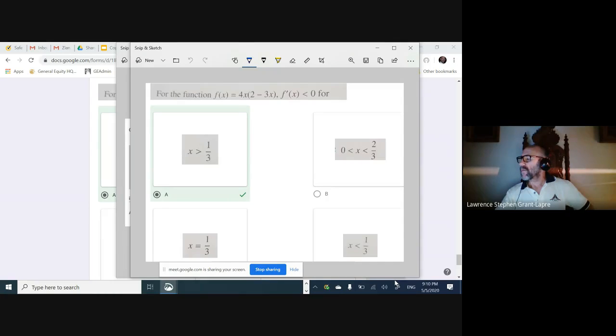So let's have a look at this function. All right. I'm just going to cut out the algebra. I'm just going to look at the graph. The graph is crossing at 0 and at 2/3.